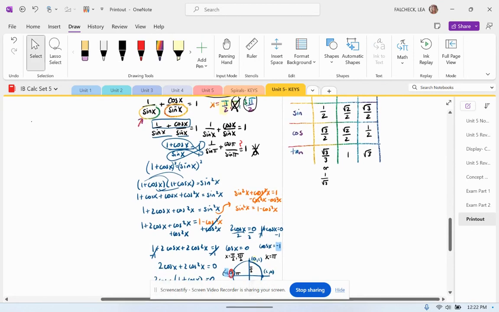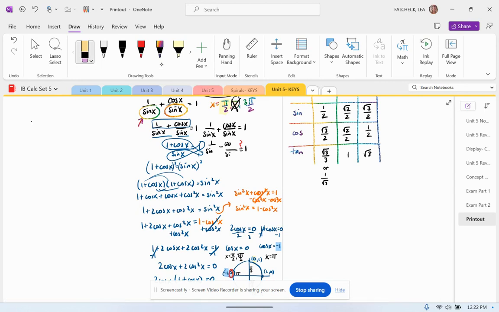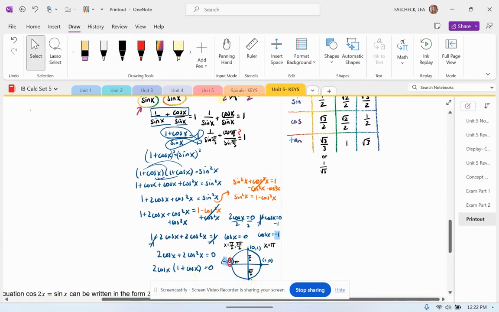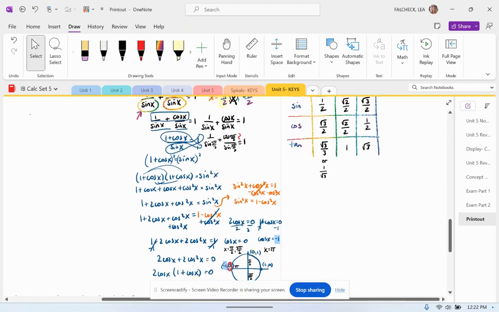Then let's check with 3 pi over 2. Sine of 3 pi over 2 plus the cosine of 3 pi over 2 over the sine of 3 pi over 2. Okay, so sine of 3 pi over 2, let's look down. 3 pi over 2, the sine is going to be negative 1.